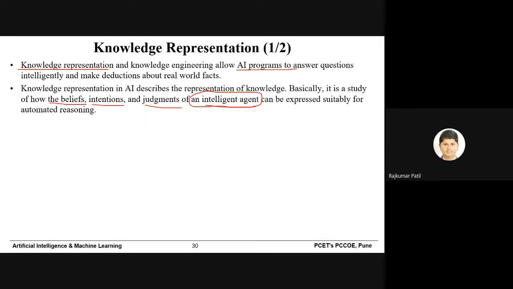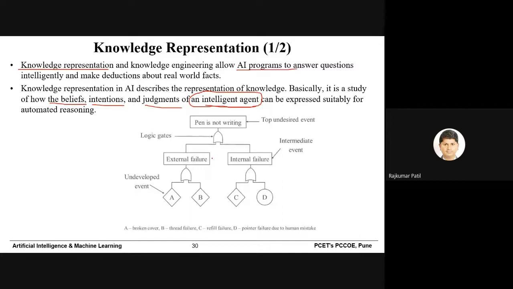So what will be its role? Based on the learned things or beliefs or information which it earned in the past, it should make a decision or present the knowledge in a very systematic way. Last time we saw this example: suppose your pen is not writing, then you can find out it could be due to an external reason or an internal reason.